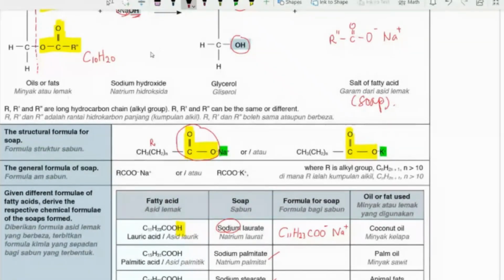No response means finished already. For sodium palmitate, can you type in the formula? What formula did you get?